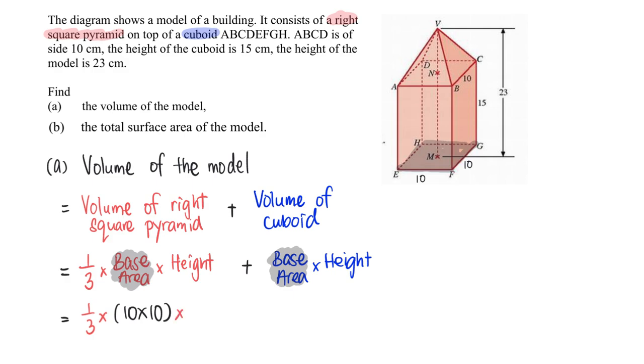And the height of the pyramid, in this case, do notice that if I have 15 and the whole thing is 23, that means the height here is simply 23 minus away the 15 to give me a height of 8 cm.